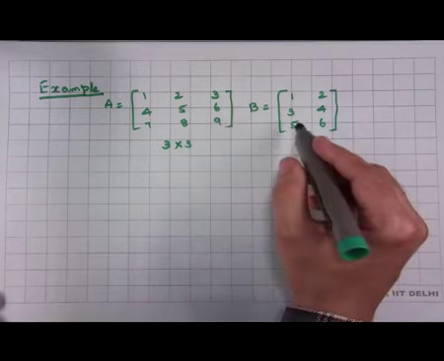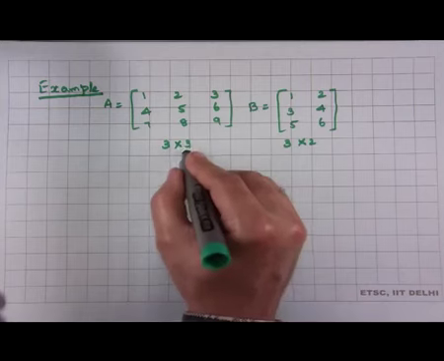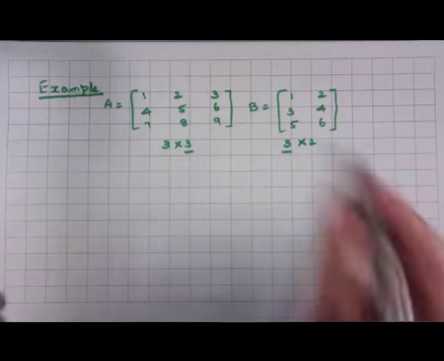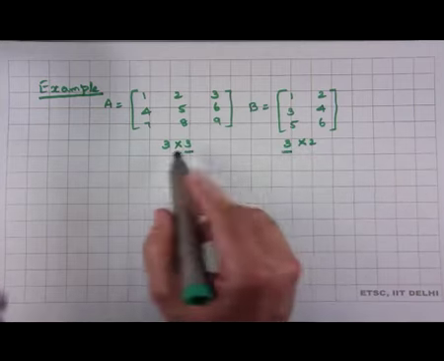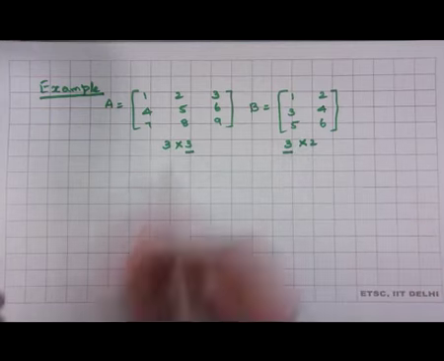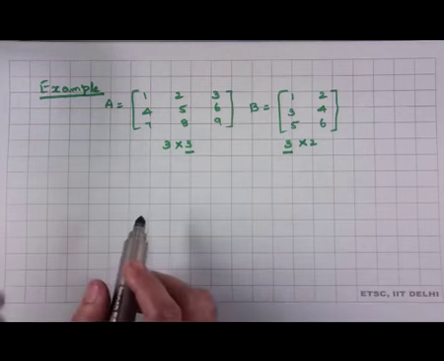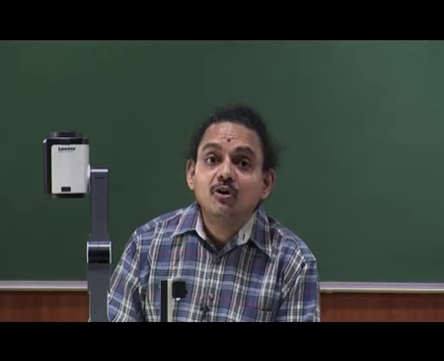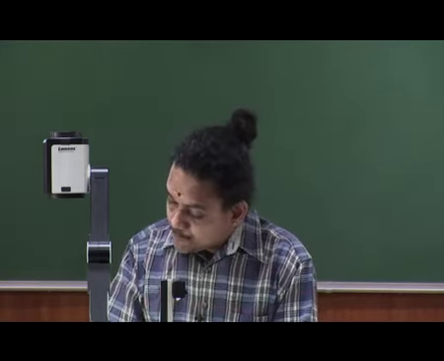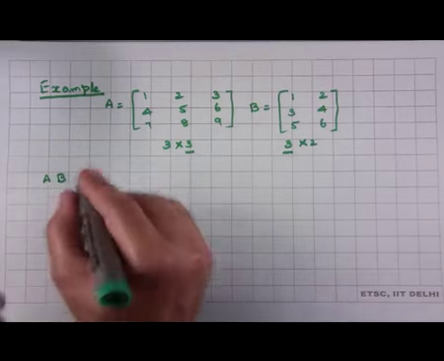The matrix B has order 3 by 2. These two entries match, right. This is of order m by n and this is of order n by k, and therefore, this 3 and this 3 match, and therefore, these two matrices A and B are compatible for multiplication, or they can be multiplied. Now, let us try to multiply A and B and find out what AB is.